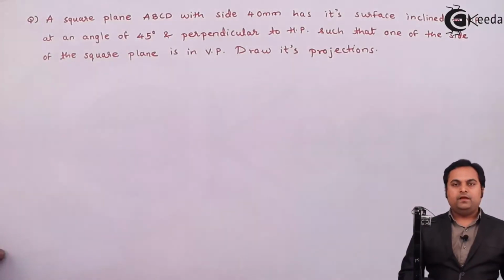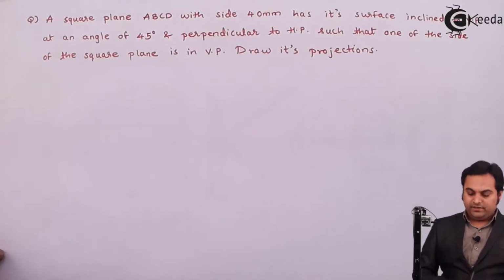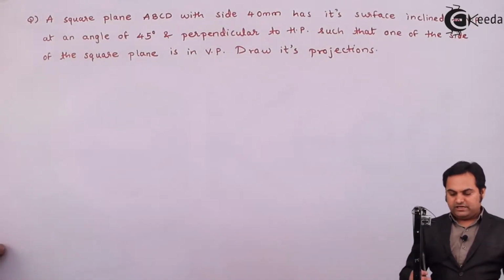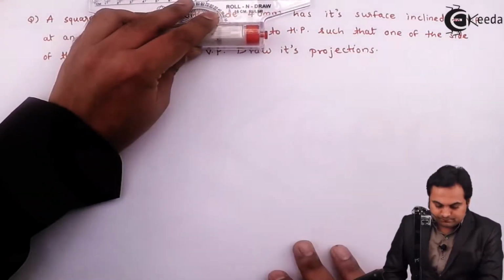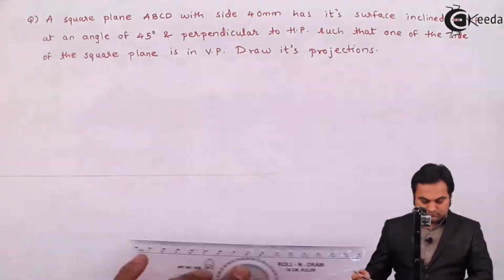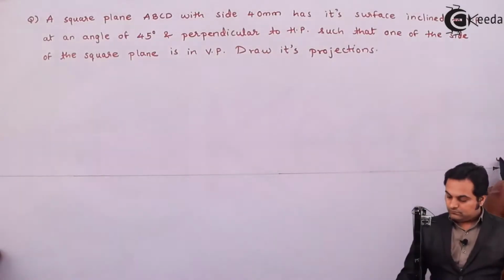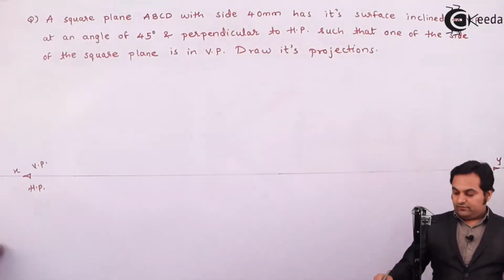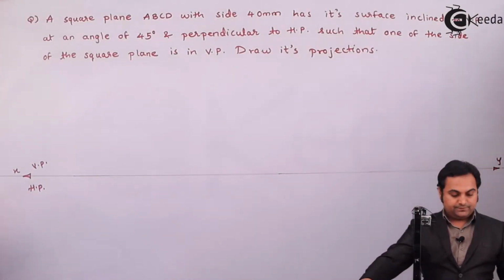So in the question it is clearly mentioned that one of the side of the square plane is in VP. If one side is in VP, it means the entire square plane will be in VP. So starting with that condition, now one of the side of the square plane is in VP, the side is of 40 mm for the square.